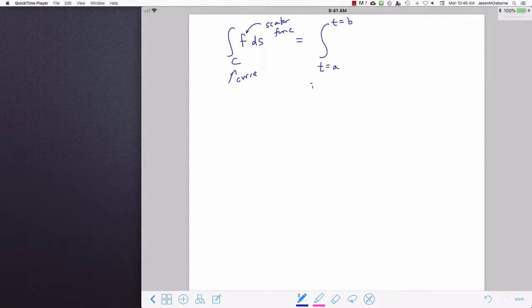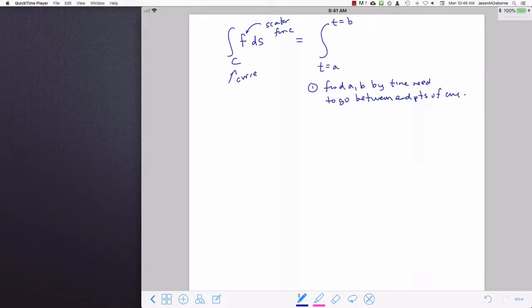You find a and b by the time needed to go between the endpoints of the curve.